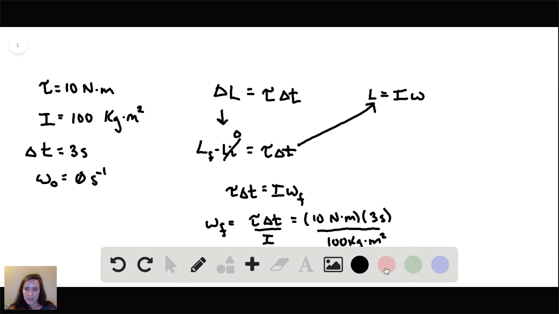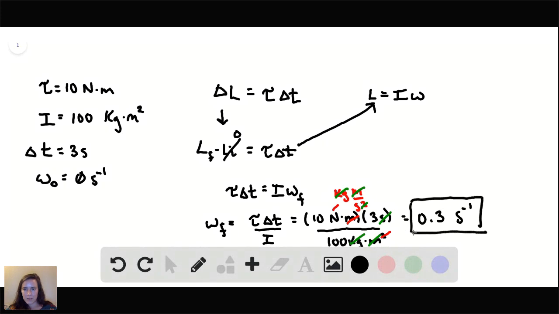One of my meters goes away. Remember that a Newton is a kilogram meter per second squared, so my other meter goes away, my kilograms go away, one of my seconds goes away, and I'm left with 0.3 inverse seconds.